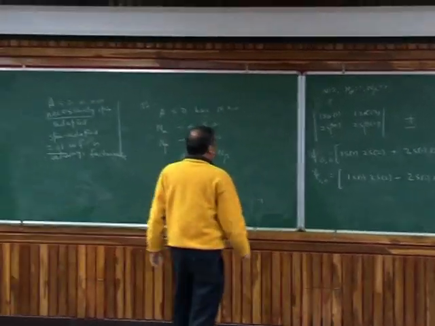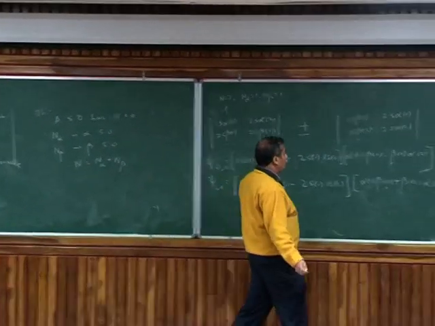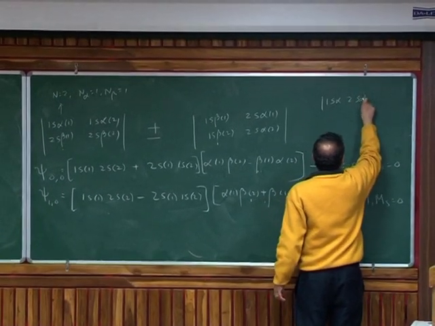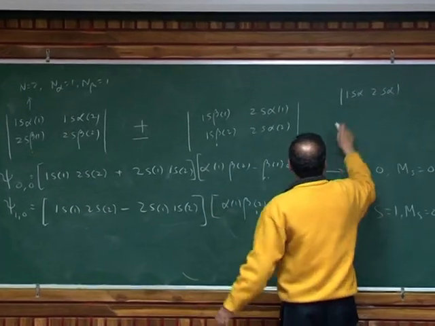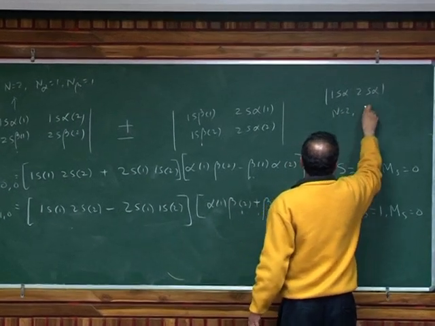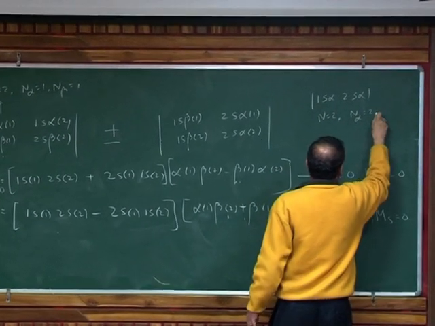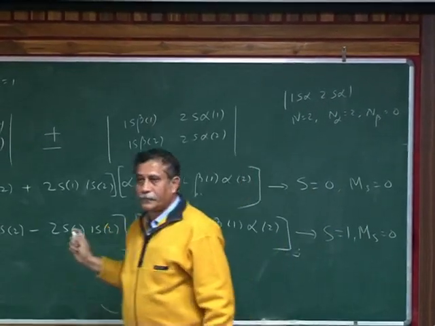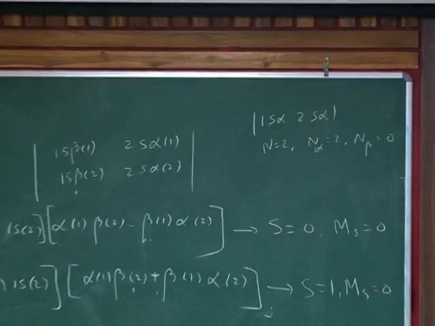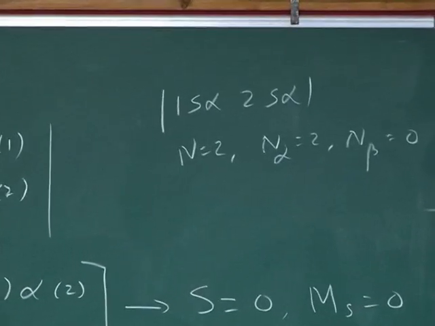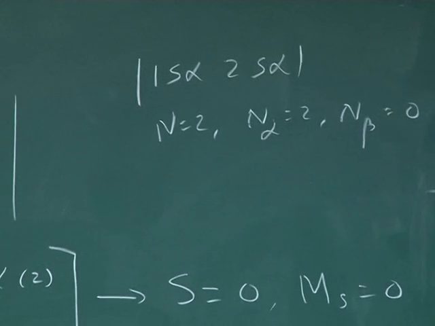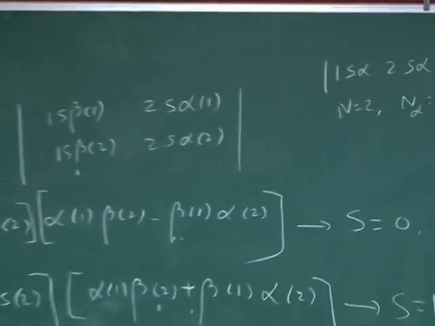On the other hand, if I take the other two, for example, I write cryptically 1s alpha, 2s alpha. That's a determinant. Here n equals 2, but now n alpha is 2 and n beta is 0, because there is no beta electron. Or vice versa, n beta equals 2 and n alpha equals 0. So just remember this for the context.